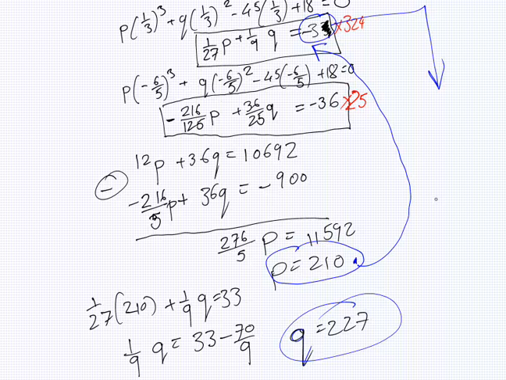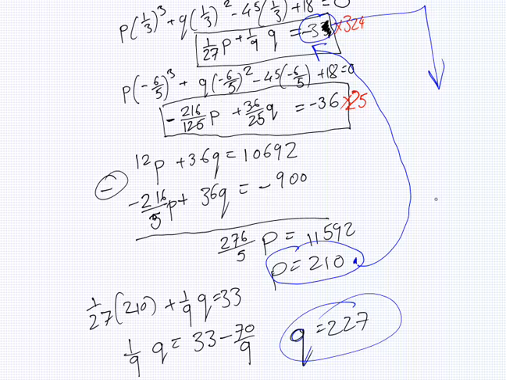So I can put that back into, which one now would be the easiest one? Maybe just about the first one. If I put that back in there, I can get q. So 1 over 27 times p plus 1 over 9 q equals 33. Okay.